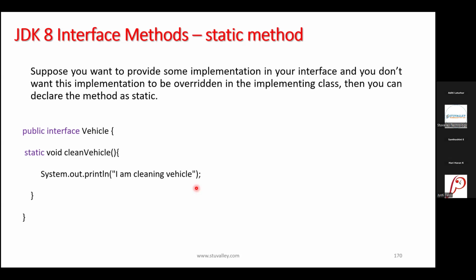At that time, you can declare that method as static. In a class also, if the implementation is not going to change and there is no need of using it as an instance method, you can declare that method as a static method in a class also. Okay. The same as interface, the same thing we have seen in the static methods in classes.